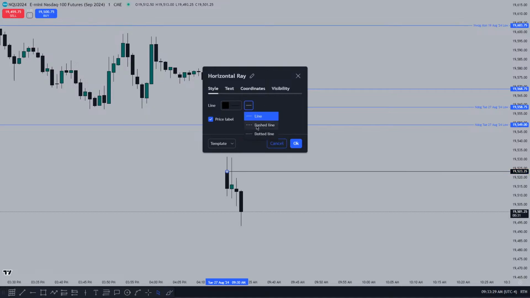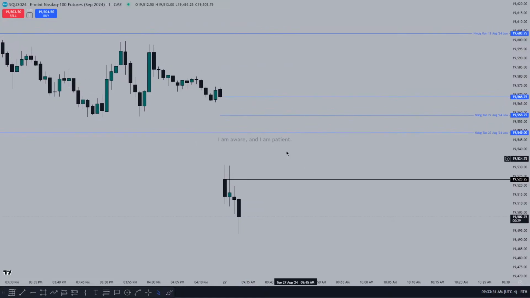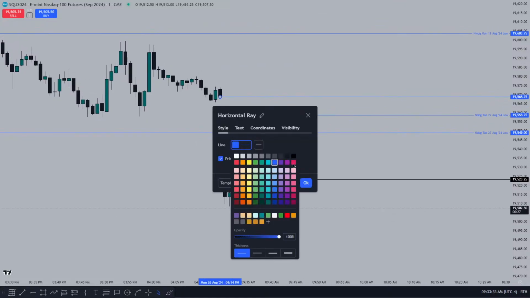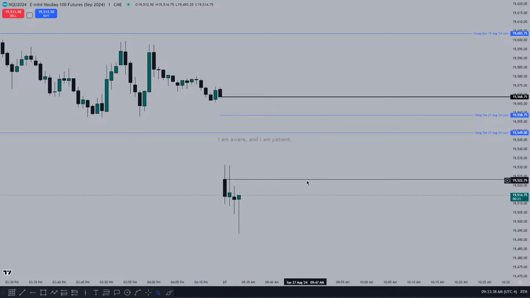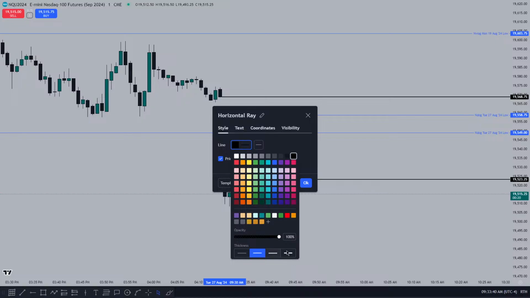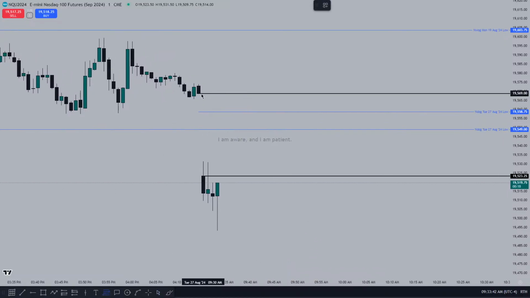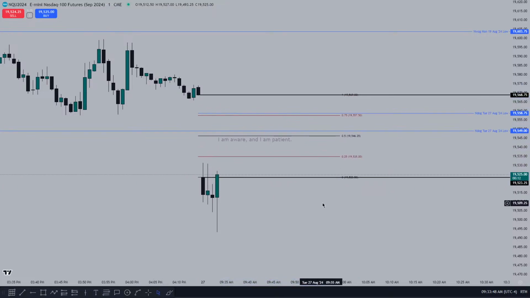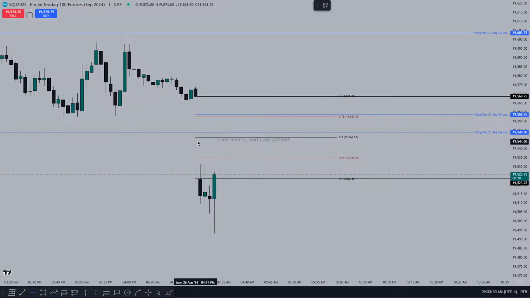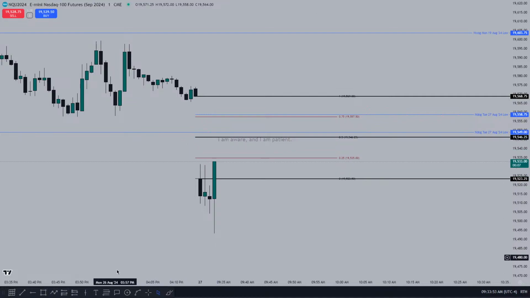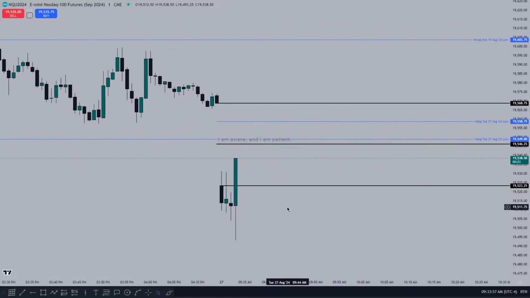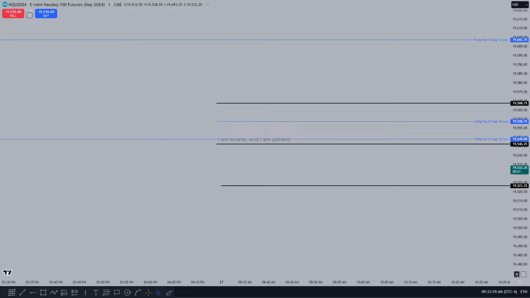Let's make it black, make it a little bit bigger, drag it out, and measure the quadrants. There. So you can see that we're trading back into the opening range gap right now.